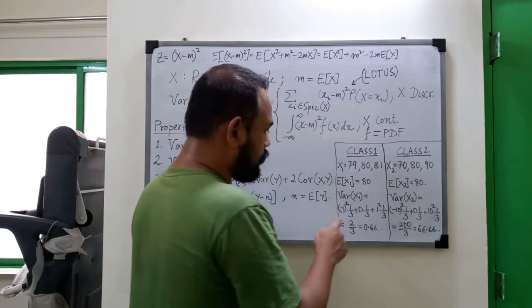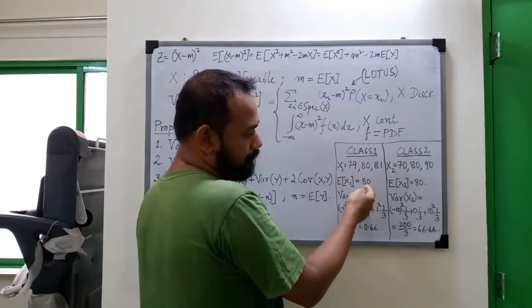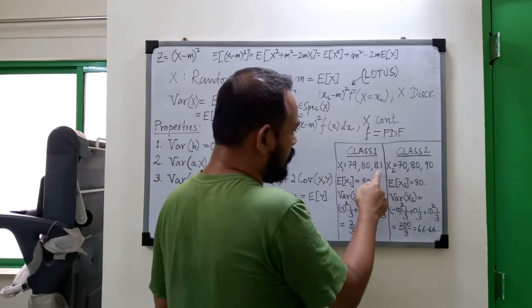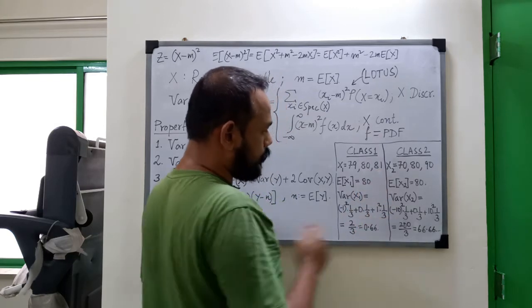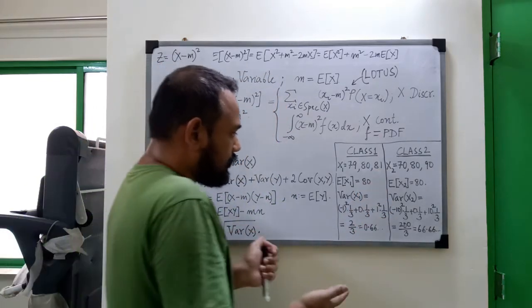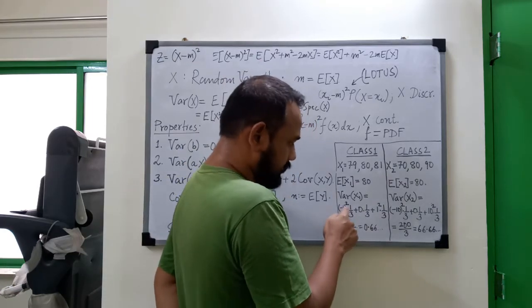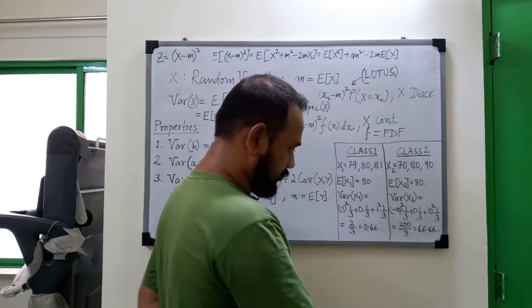The second one is the difference of 80 from 80, which is 0, so that gets 0 squared, or 0. Then the third value is 81 minus 80, which is 1 squared, with 1/3 as probability. This one is 0, and this one will give you a plus 1. So these two will add up to give you 2/3, which is 0.6666.